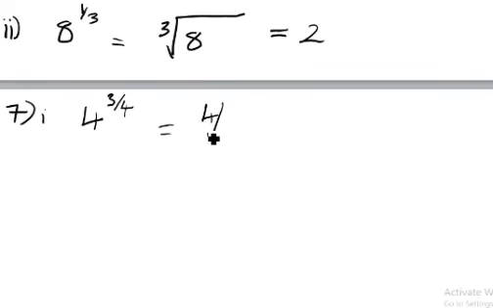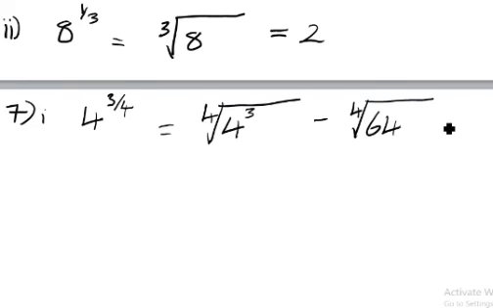This will give me the fourth root of 4 raised to the power 3. This will give me the fourth root of 64, which will give you 2.